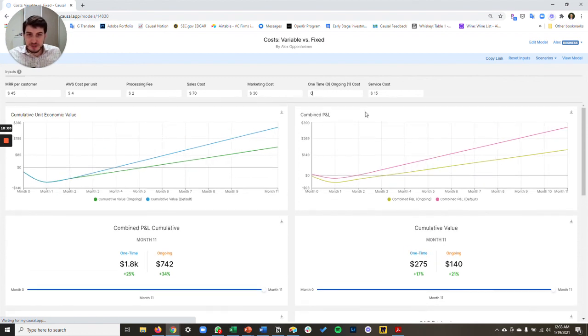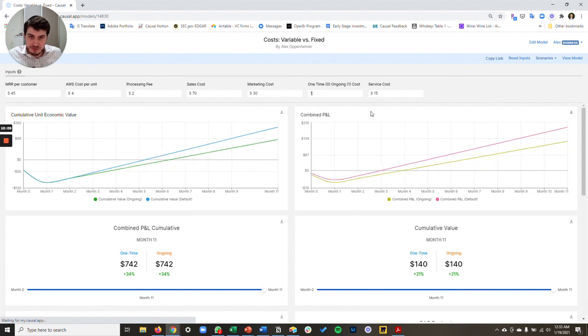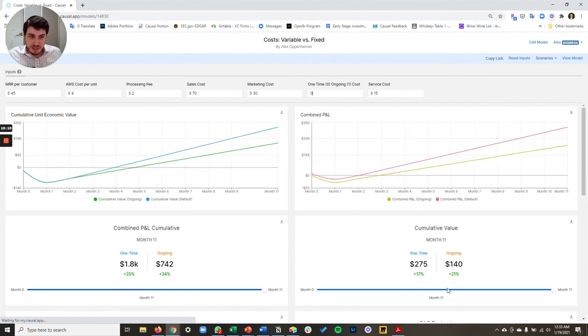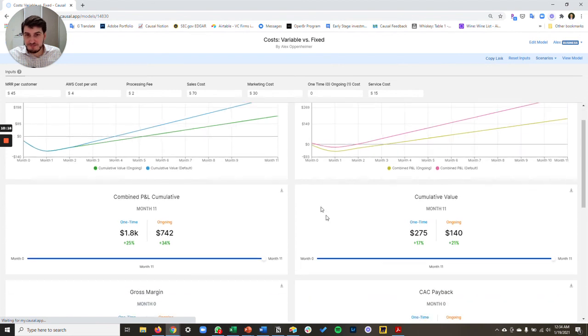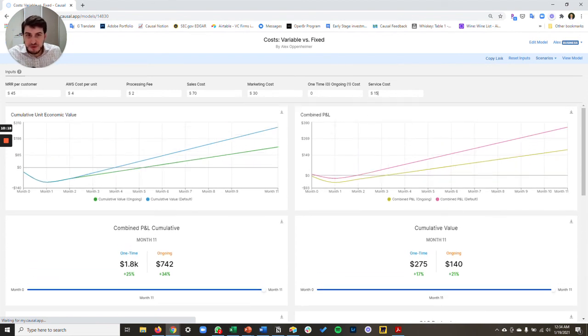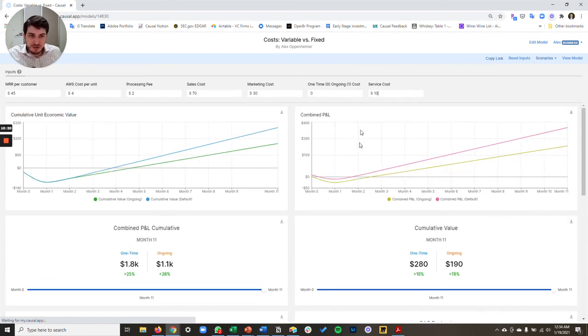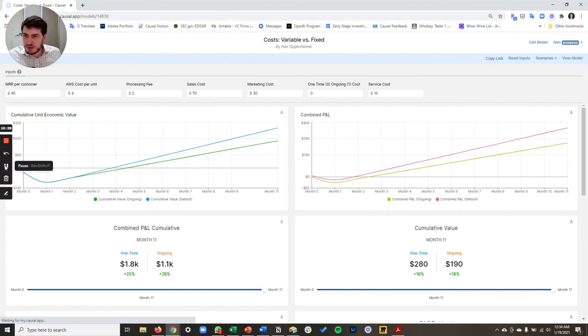You don't really need to flip it because I'm showing both scenarios at the same time, but this lines them up, and then this will show them separately. But if it's an ongoing expense, then the total value is only $140. So it's pretty dramatic, and you can see that it could be a fairly common mistake, right? If this is only $10, we can see that yes, it's less dramatic, but it's still fairly meaningful. So I hope that was interesting. Feel free to reach out with any questions.